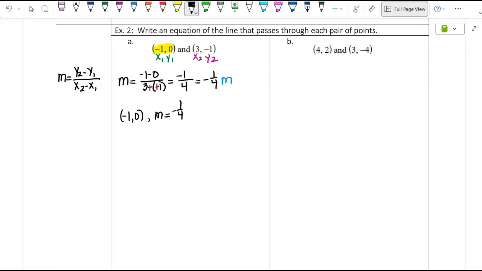So now what we just did in the previous problem, where we had our x and our y and our m, we're going to go back to that y equals mx plus b. So in this case, 0 equals our slope of -1/4 times our x of -1/1 plus b.